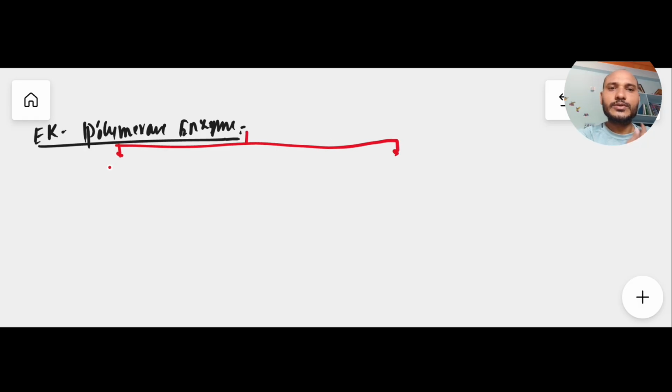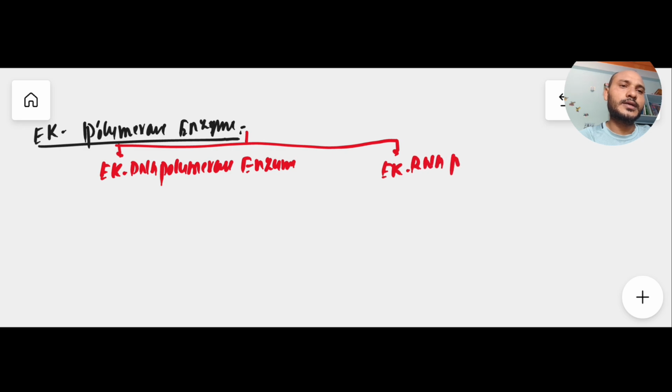They are the eukaryotic DNA polymerase enzyme and the eukaryotic RNA polymerase enzyme.